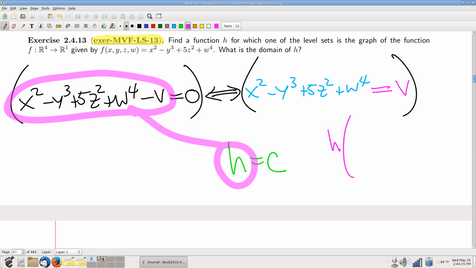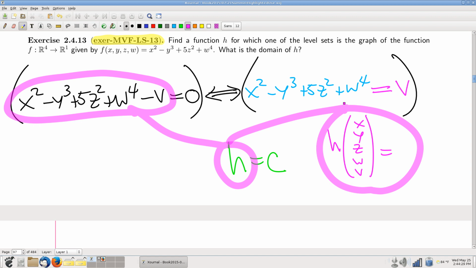So there's 5 input variables, x, y, z, w, and v, and it's equal to all that business. And so h is a function from R5, that's the domain. And by the way, how many outputs does h have? Well, just one output.